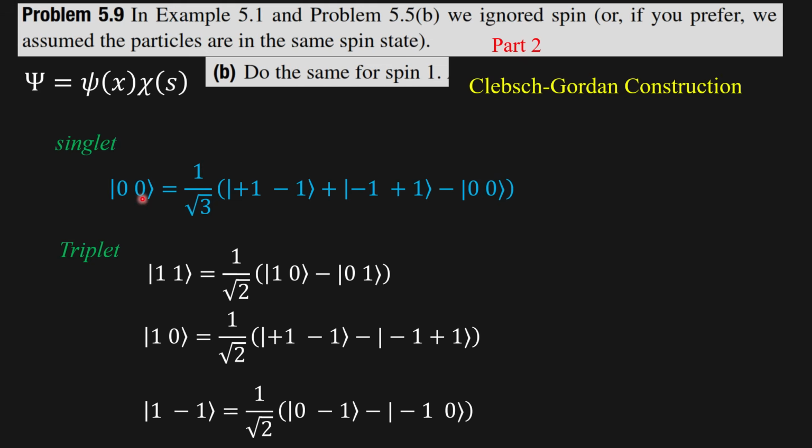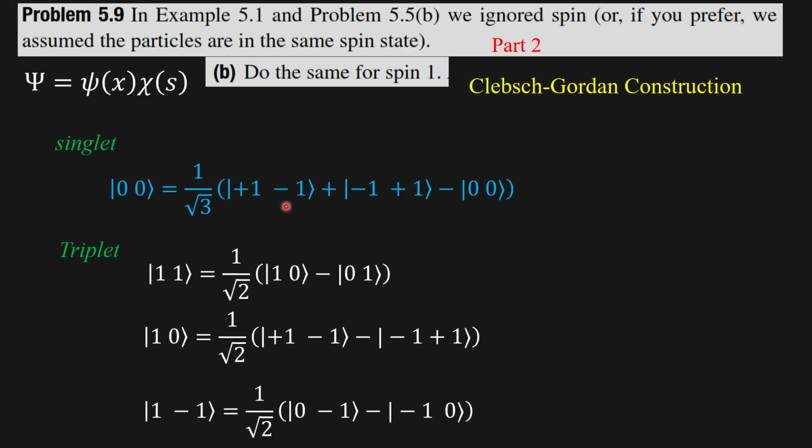What are the possible values? If spin is 1, you get minus 1 to plus 1, including 0. So this will be plus 1 minus 1, plus minus 1 plus 1, minus 0 0.